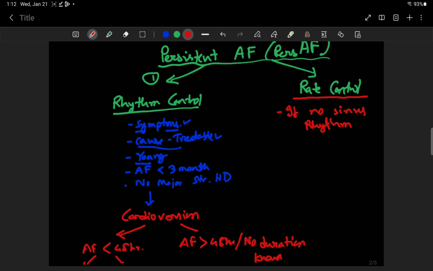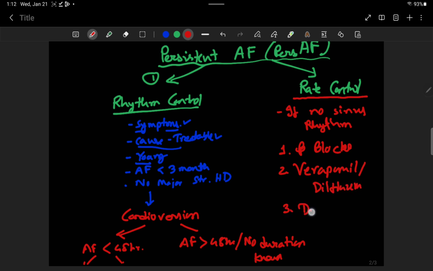What are the rate control drugs there? Number 1 is beta blocker. Number 2 is rate limiting verapamil, diltiazem, and number 3 is digoxin.